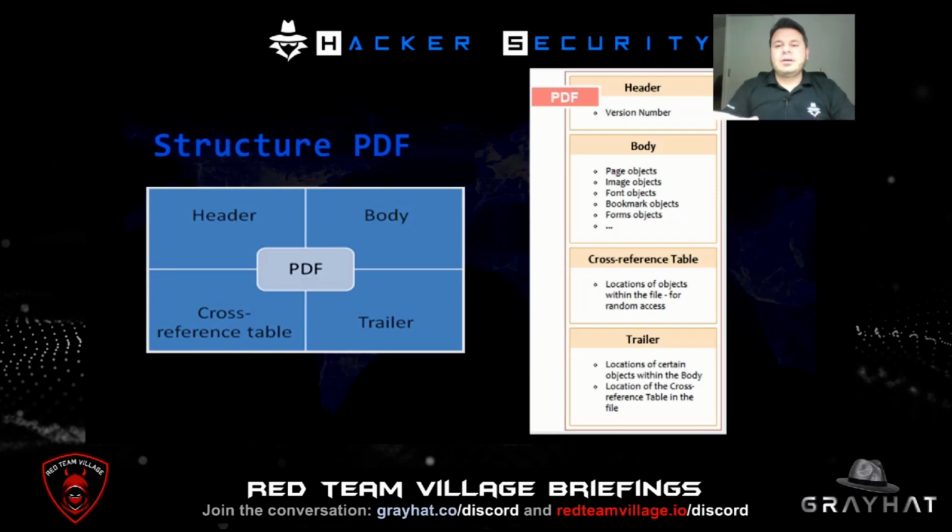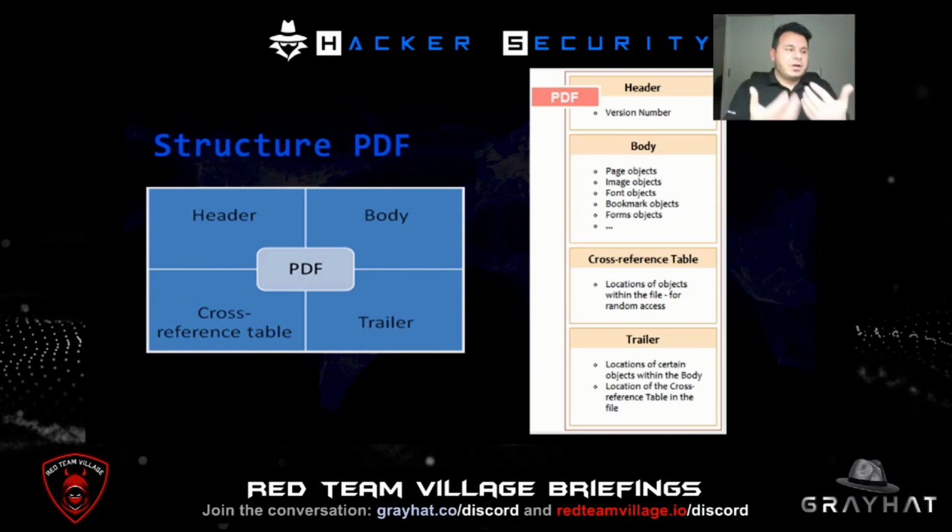You have the body, and inside this body you have many references. You have the cross-reference table here, and you can read here its location of objects within the file for random access.